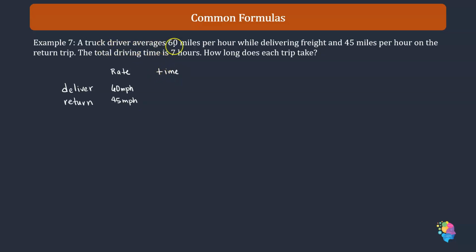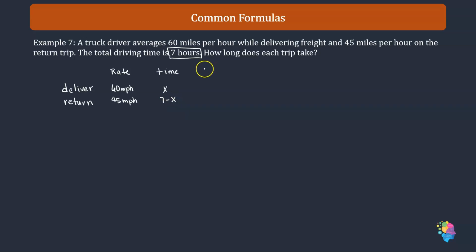I don't know anything about the time during the delivery, so I'm going to put an X. I also don't know anything about the time on the return, but I do know that the total is 7. So if the total is 7 and he takes X hours to get there, he has 7 minus those hours to return.